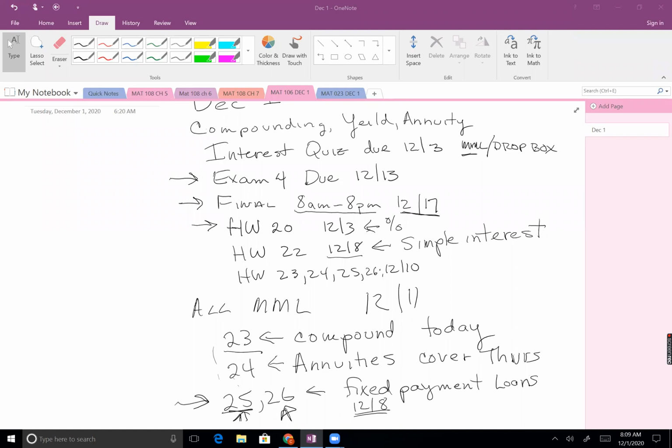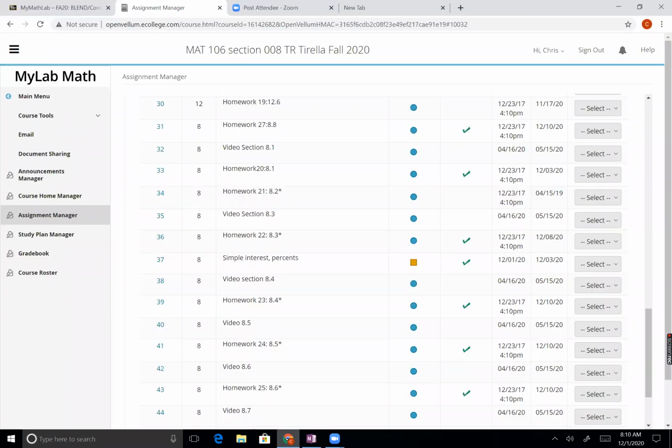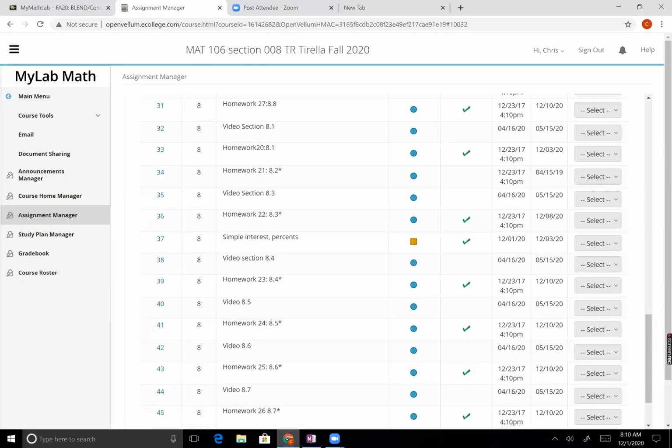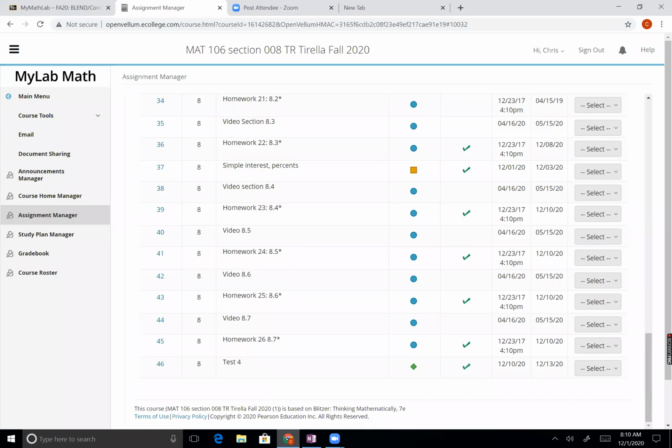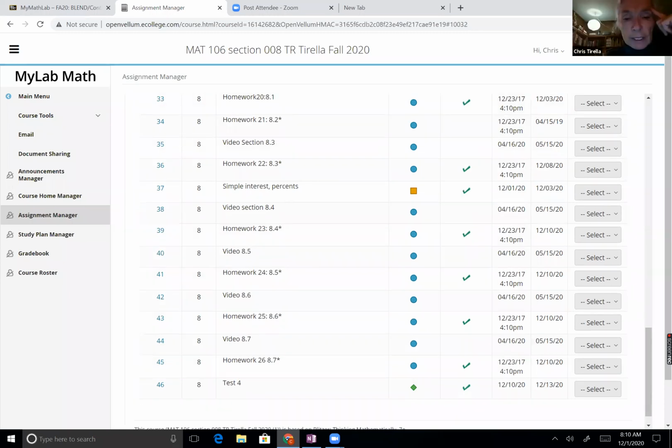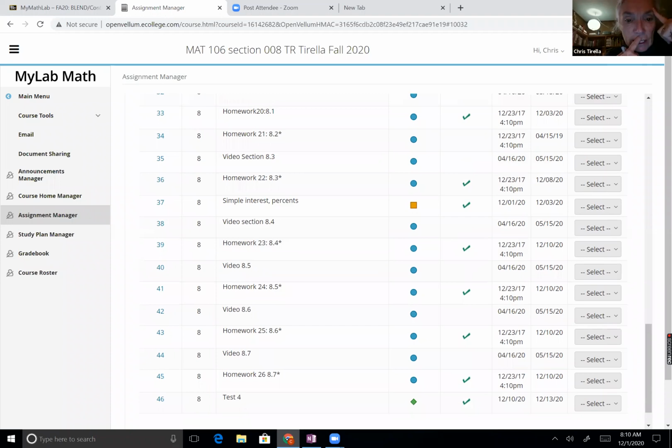I was doing homework 27 last night, and I was confused. There isn't a homework 27. The last one is 26. 21, I did not assign.